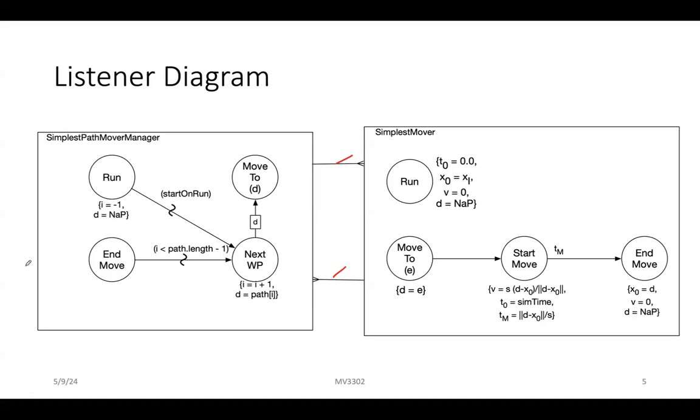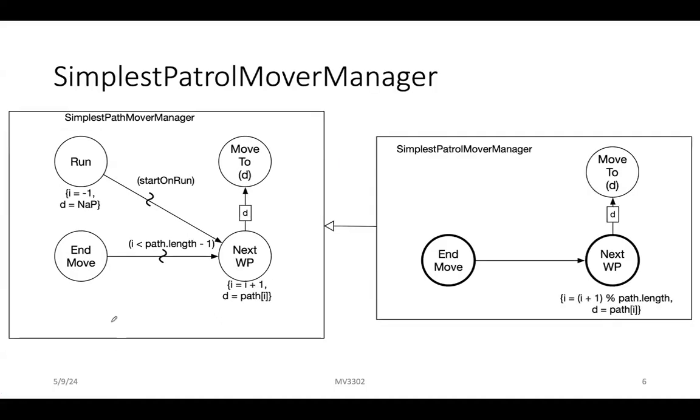Okay, so verified that in both platforms, at least the basic idea is working. So now, the patrol mover manager is just like the path mover manager, where we give it a path, which is just going to be a list of these waypoints.